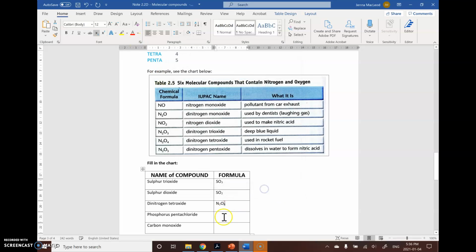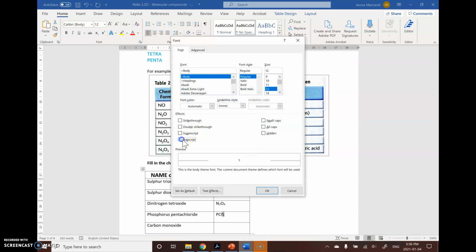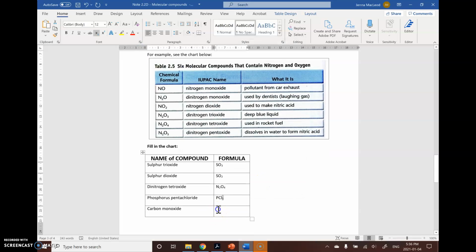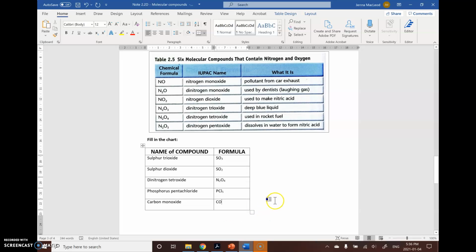And the next one is phosphorus pentachloride. So I'm going to put phosphorus and chlorine, the symbols. And since it's penta, I know it's 5. And then I have carbon monoxide. Mono means 1, so we don't have to put any numbers there.